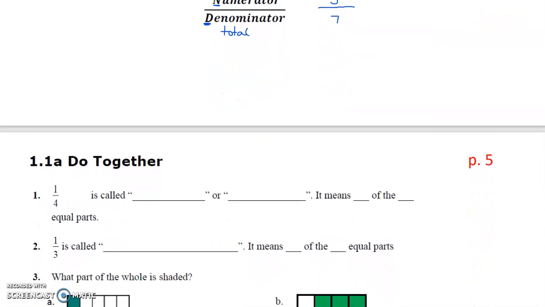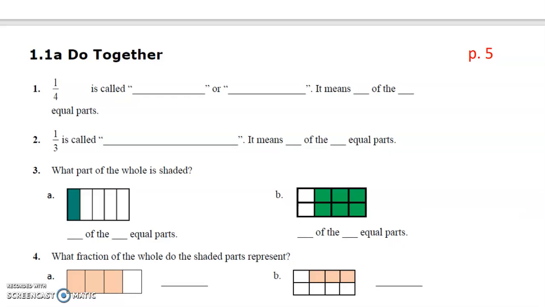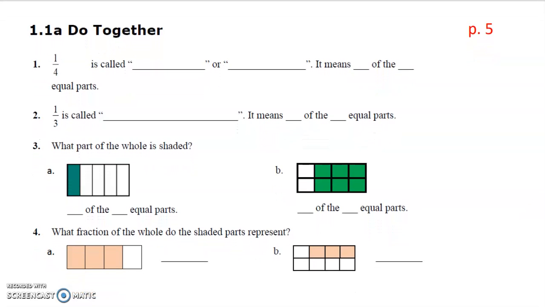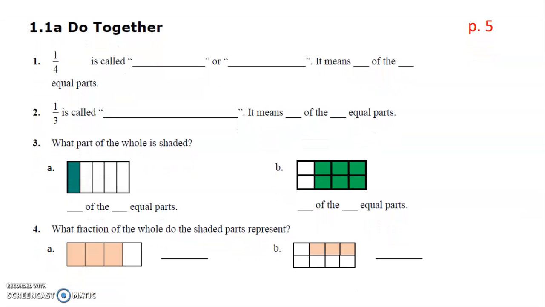Let's take a look at some exercises and jump right in together. If we look at some fractions such as number 1, 1/4, 1 being the numerator and 4 being the denominator, we have a couple names for this type of fraction. We can call this 1/4, where for the denominator we're using the ordinal, the th usually.